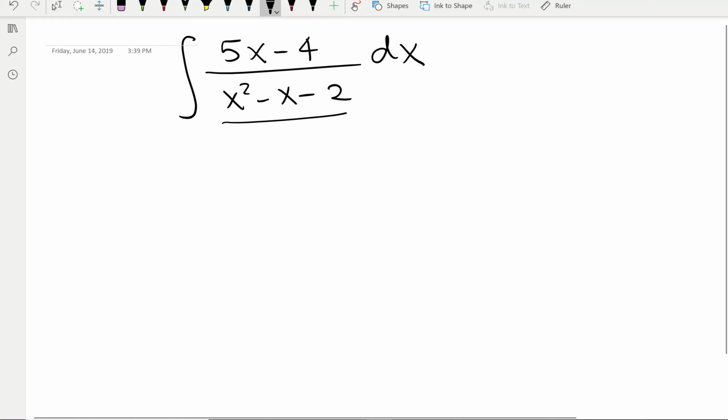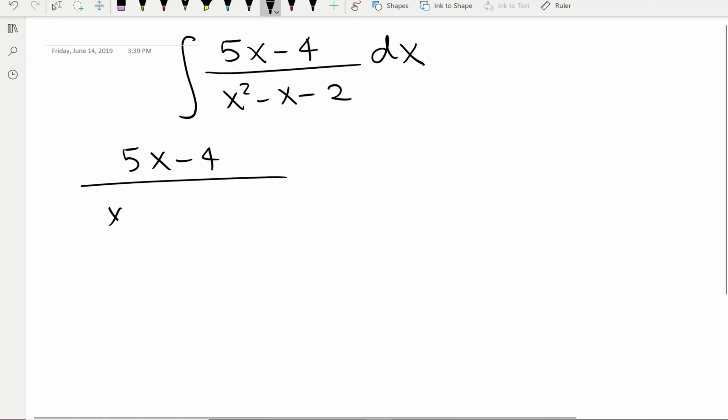So we are going to do partial fraction decomposition separately on that rational function, and instead of integrating this rational function, we are going to integrate the decomposition, because the decomposition contains easier fractions to integrate than what is given to us.